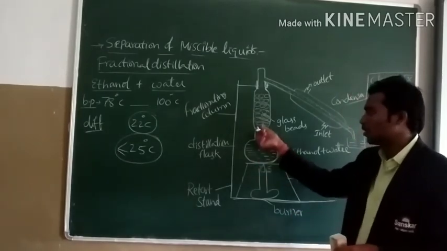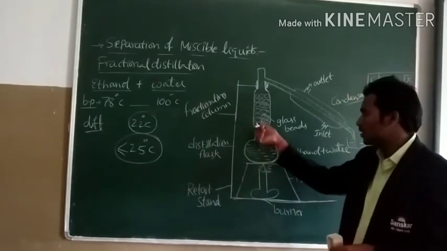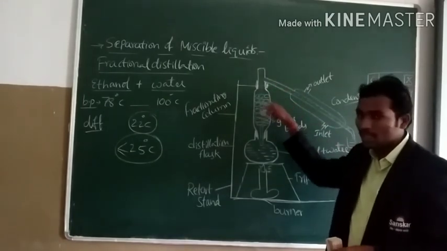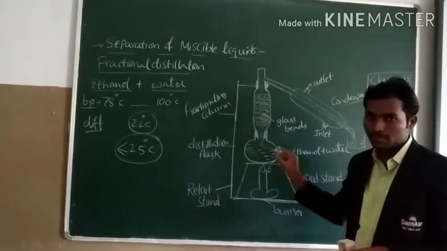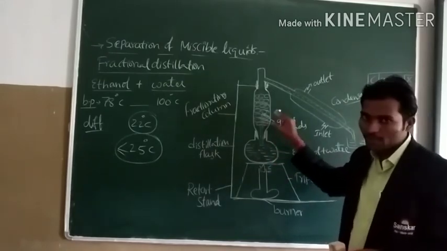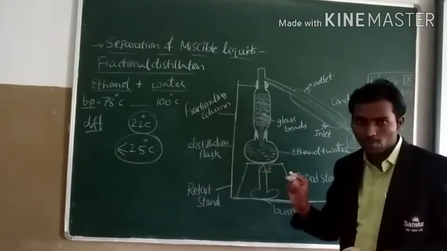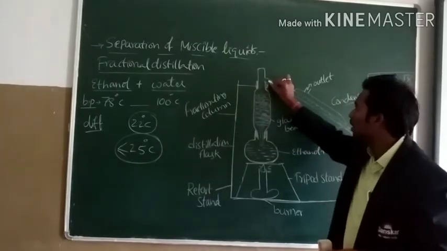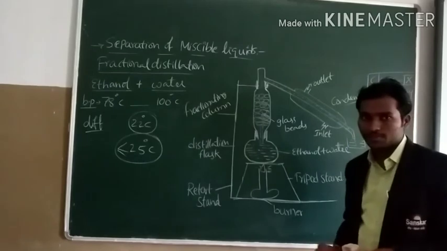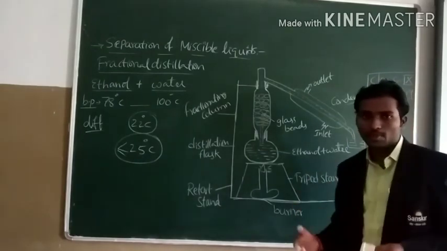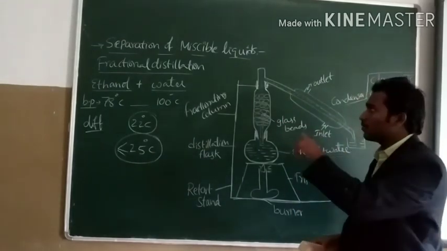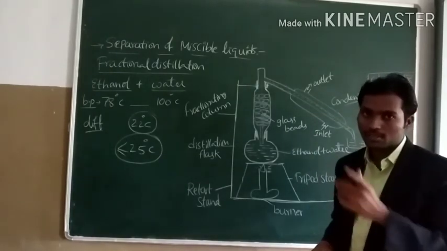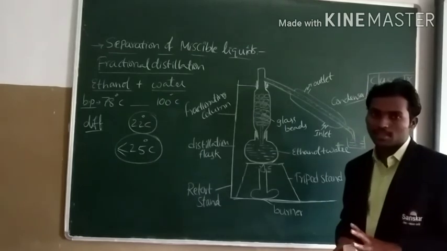The liquid starts boiling, changes into vapor and sticks to the surface of the glass beads, and this repeats a number of times. Finally, the liquid which has the low boiling point passes through the glass beads and enters the condenser. This is the way we can separate a miscible liquid mixture when the boiling point difference is less than 25 degrees Celsius.